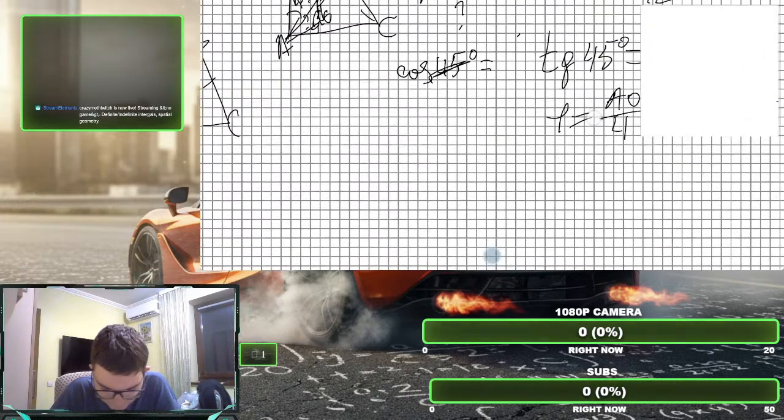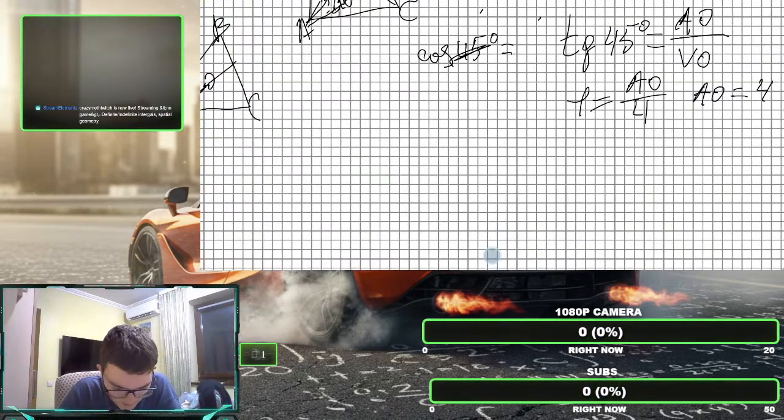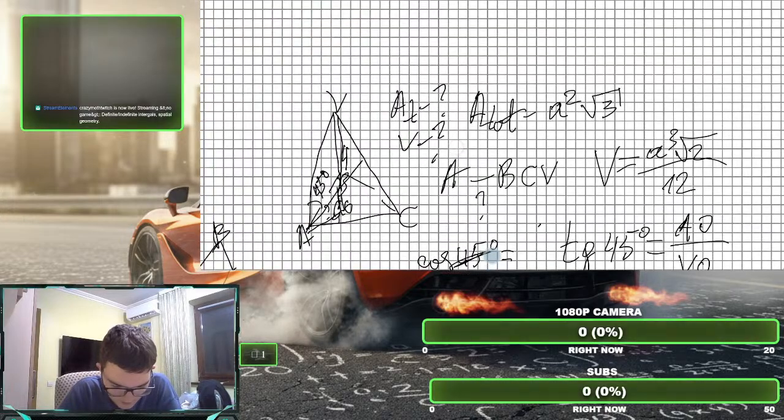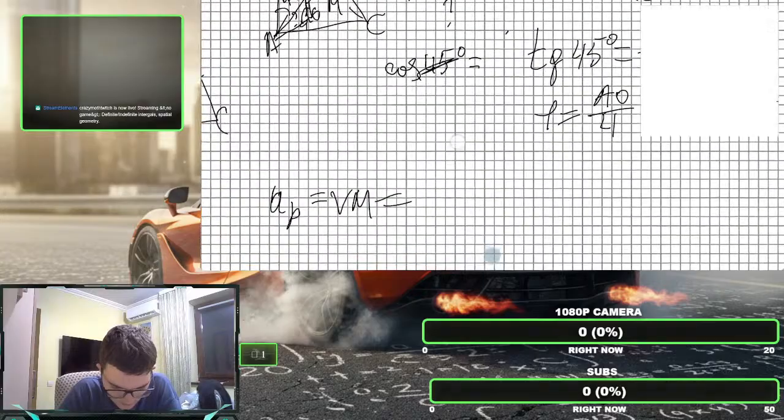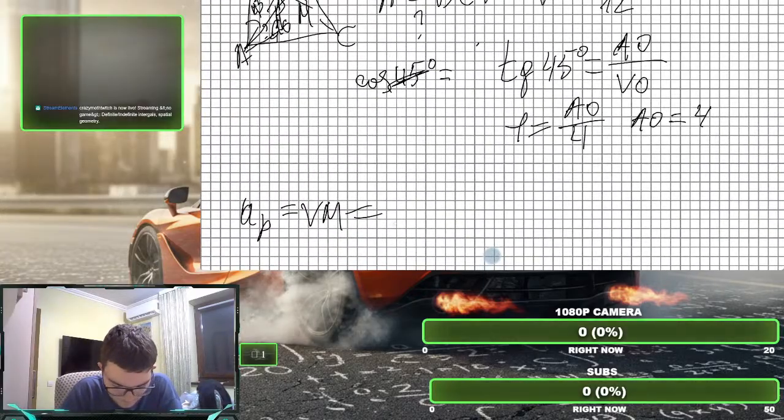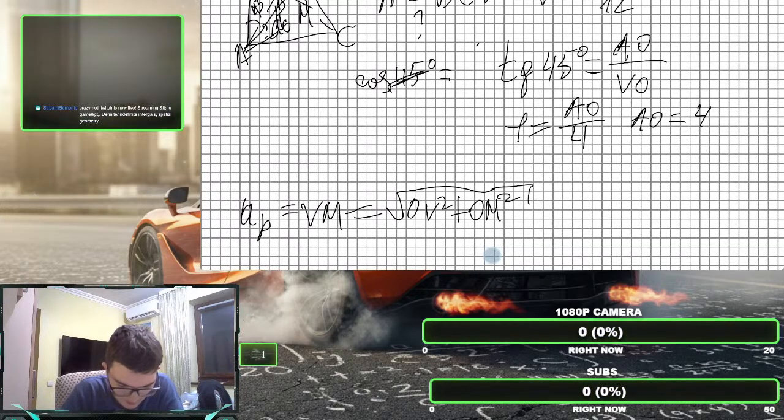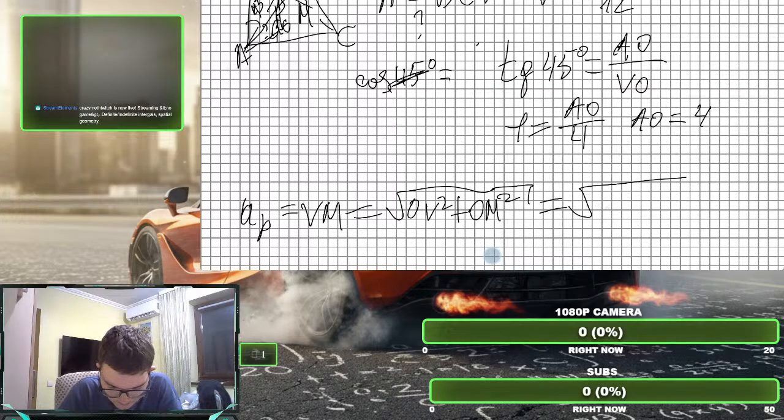So, AP equal with VM. So, for example, this is VM. And this will be pop, pop, pop, pop.